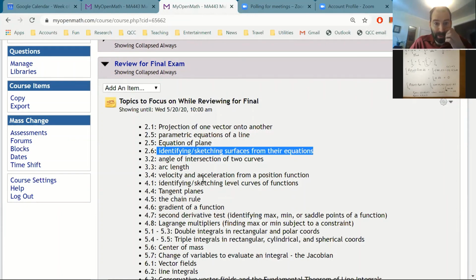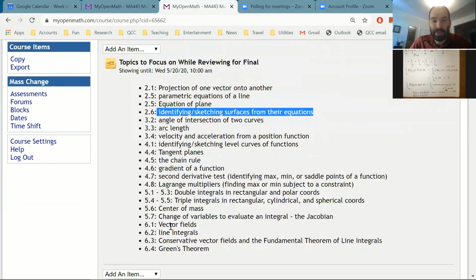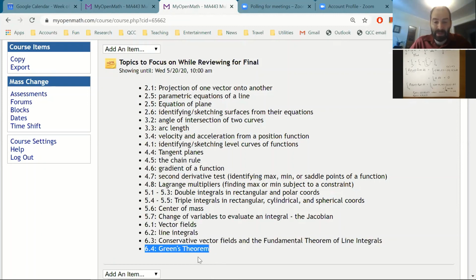But you should be prepared for any one of these topics to appear on the final exam. Obviously, I can't put all of these on the final exam, so I'm going to have to pick and choose. I'm certainly going to pick stuff from here, from chapter 6, because we haven't been tested on it yet, right? So you can bet on Green's theorem. That's definitely going to be on the final.